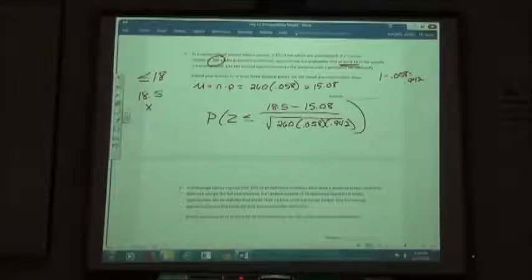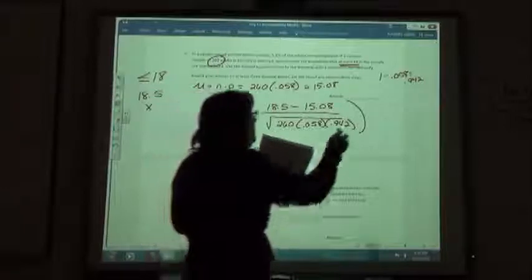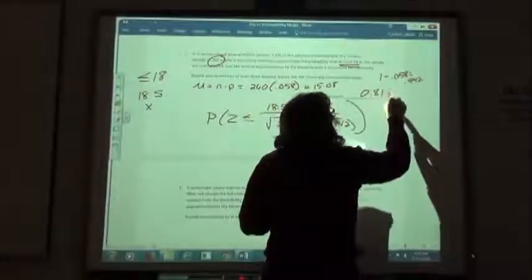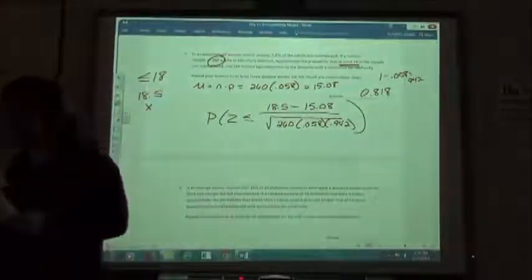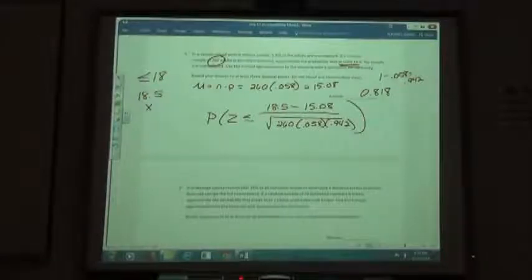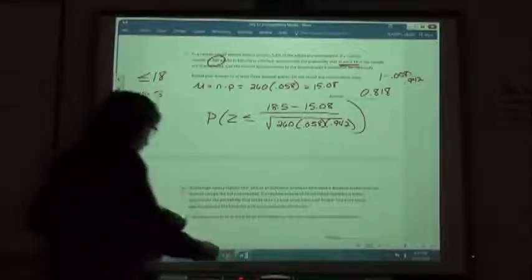And so to 3 decimal places, our answer is going to be 0.818. Okay, so if it's a greater than, we do 1 minus that. If it's a less than, we just use the P is less than or equal to.